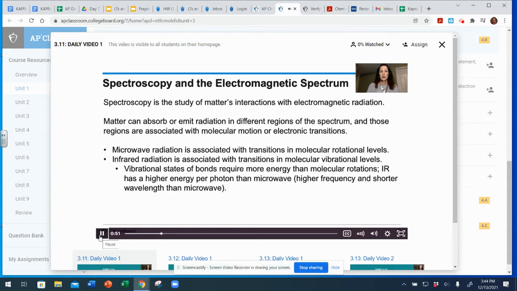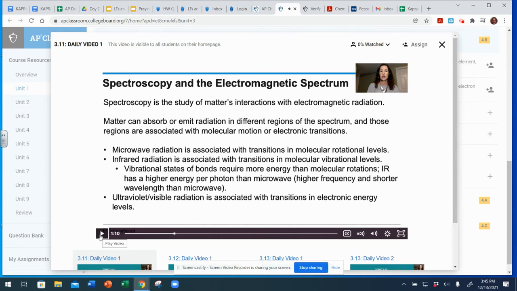Vibrational states of bonds require more energy than molecular rotations. Infrared has a higher energy per photon than microwave, therefore a higher frequency and shorter wavelengths than microwave. Ultraviolet and visible radiation are associated with transitions in electronic energy levels.